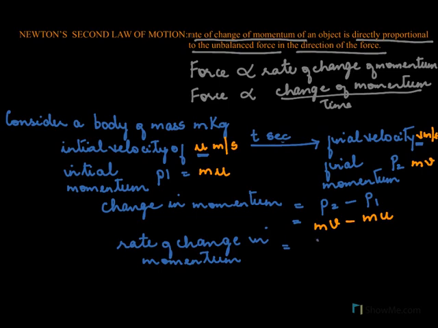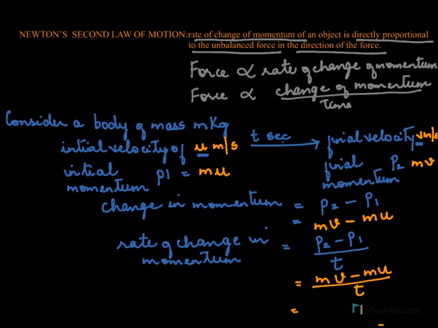The rate of change of momentum will be the change in momentum, which is P2 minus P1, over time. And we substitute the values here: mv is final, mu is initial, over time is the rate of change of momentum.